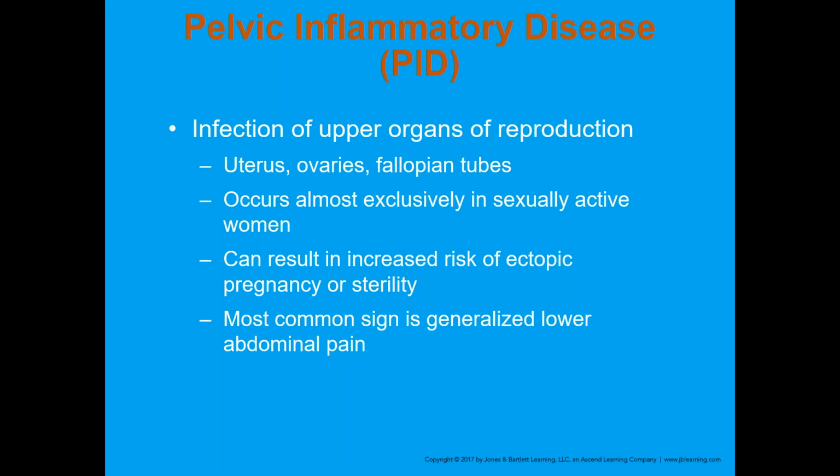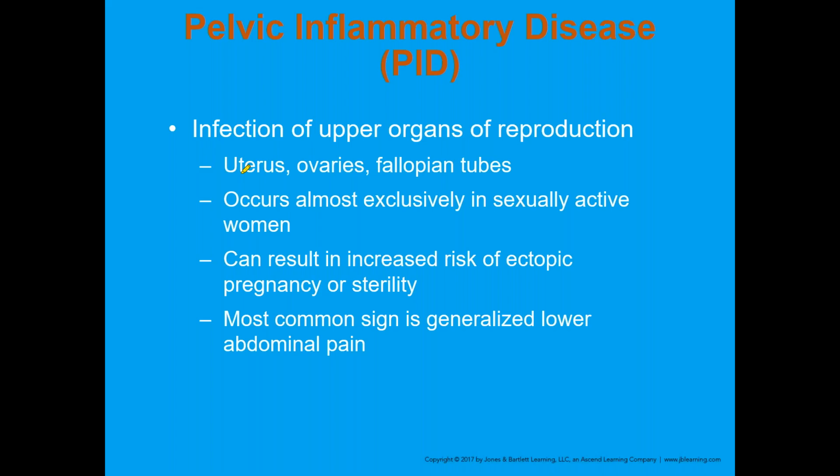Can result in the increased risk of ectopic pregnancy or a patient actually becoming sterile. If we have inflammation of the uterus, the ovaries, and the fallopian tubes, and scar tissue beginning to form, and some pretty significant problems on the internal organs of conception, we're going to have risk of sterility.